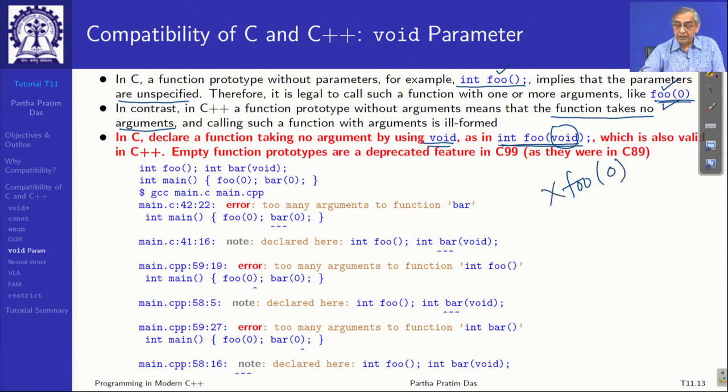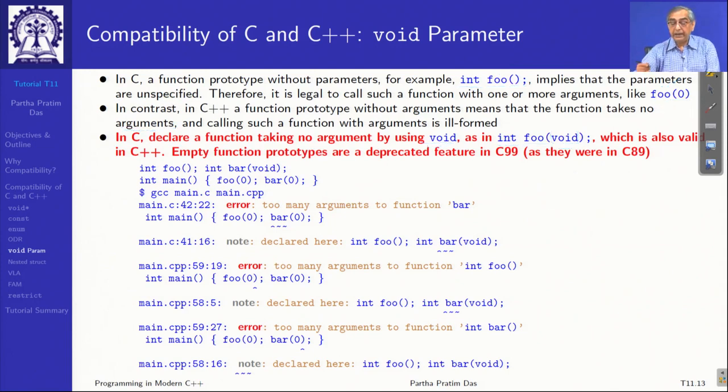You can see that when you get into mixing and porting, these things will cause pain of compatibility. If you have these two declarations and a main which calls both of these functions with parameter 0, then in C foo(0) is fine, because it is unspecified. bar(0) is not, because it is specified that you will not have a parameter.